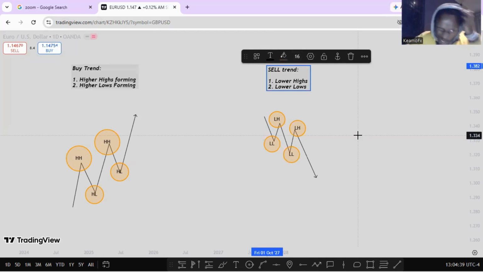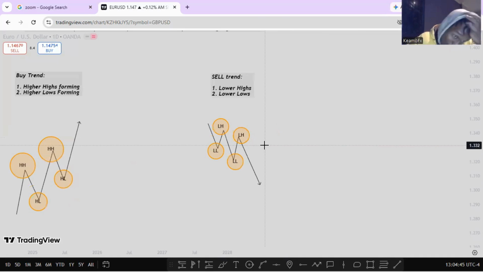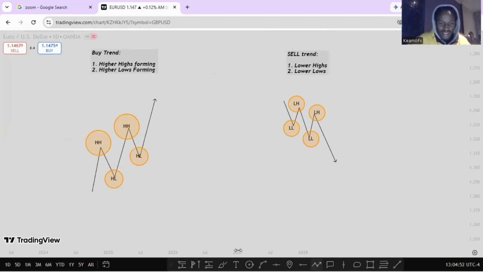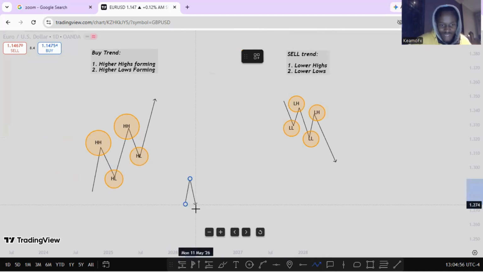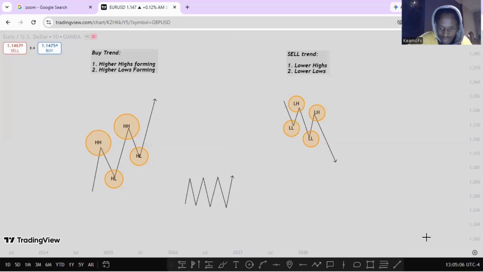And with the sideways market, I don't really want to teach you the sideways market because you're not going to be trading in the sideways market. But for the sake of showing you what a sideways market looks like, it's going to look something like this, where the price is not going high or low. It's just remaining stagnant in one area. We call it a consolidation. Pay attention to this box.